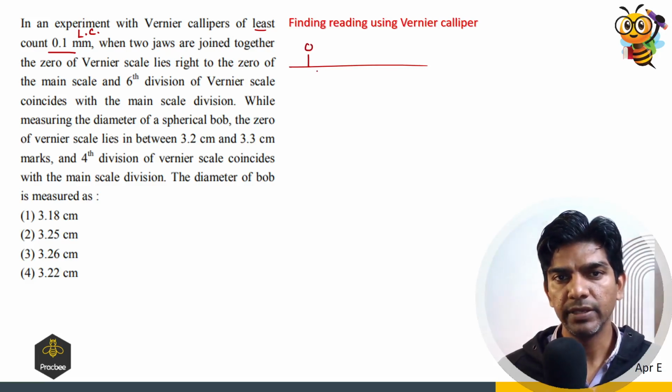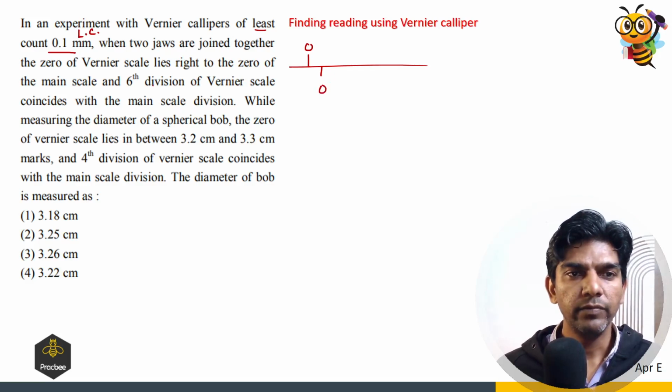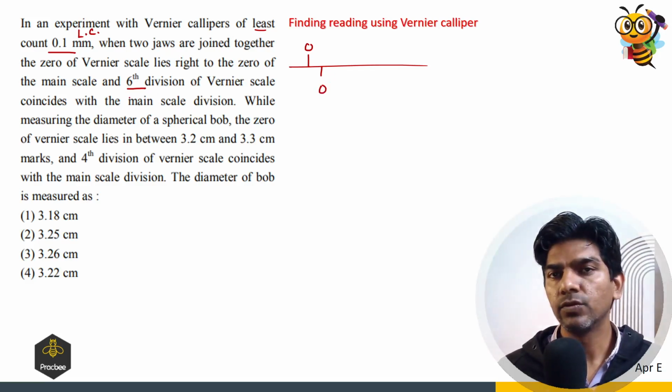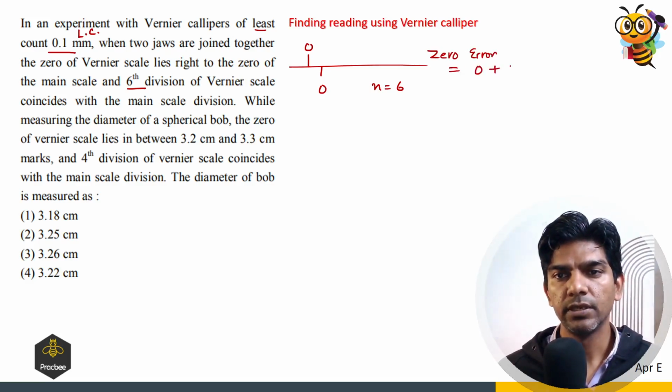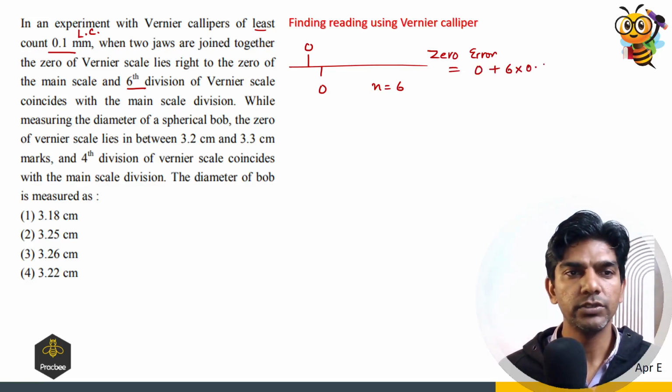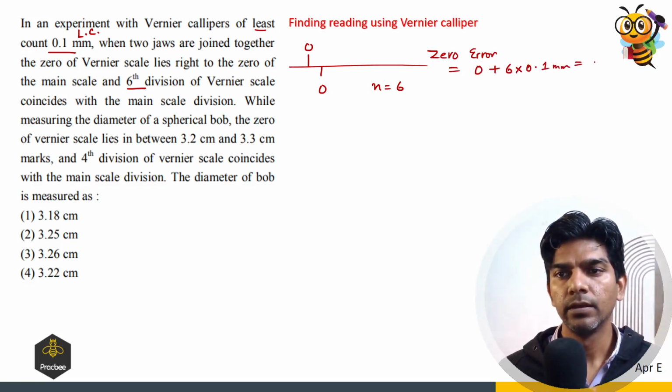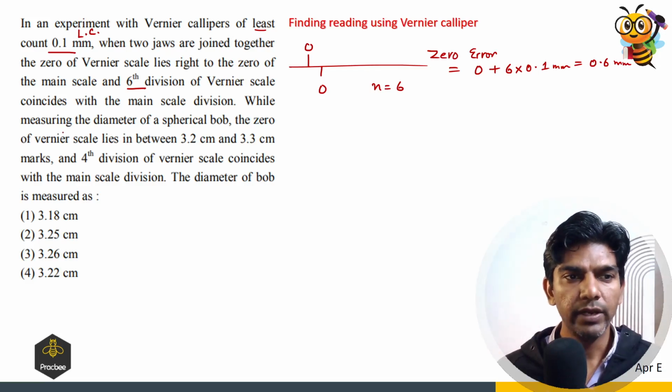So this is the zero of the main scale and this is the zero of the Vernier scale. And we are given that the 6th division of the Vernier scale coincides with the main scale. So n is 6. So it will have positive zero error. Positive zero error will be 0 plus n times the least count, which is 0.1 millimeter. So 0.6 millimeter will be the zero error in this case.